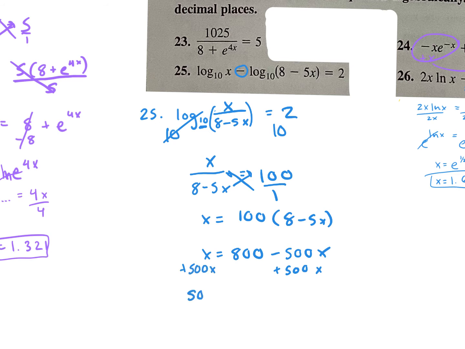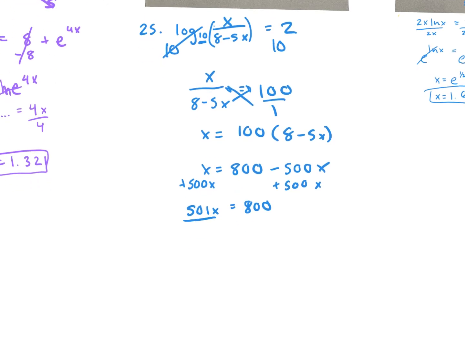So this would be 501x is equal to 800. Divide by 501 on both sides. So 800 divided by 501 would be x is equal to 1.596, which is 6/8, so it would round up to 7.